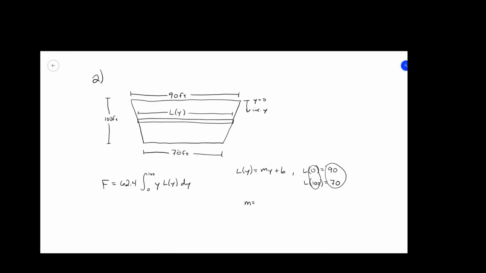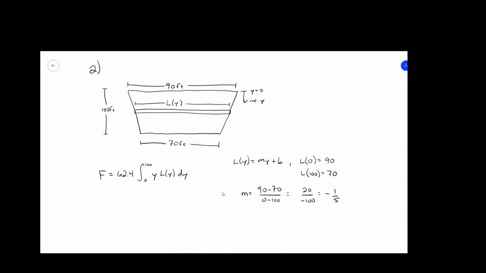And so for this problem, m is going to be equal to 90 minus 70 over 0 minus 100. So 90 minus 70 is minus 20, and then, sorry, positive 20. I'm putting the minus too soon. It's positive 20, and then the denominator is negative 100. So that ends up being negative 2 fifths. No, 2 tenths, I guess, which is 1/5, right?